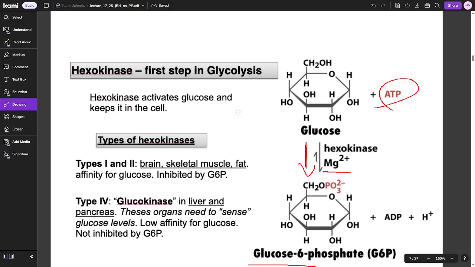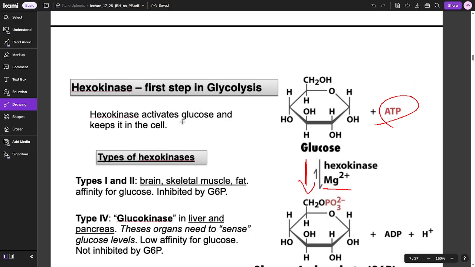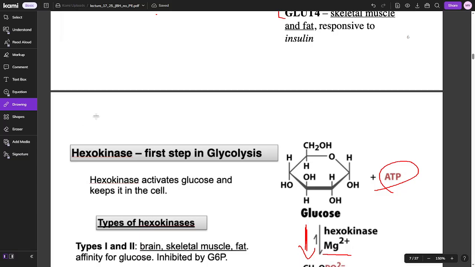And why is this important? Because we've got a kind of equilibrium. We've got glucose outside the cell and glucose inside the cell, and the glucose inside the cell is being added to ATP to make G6P.